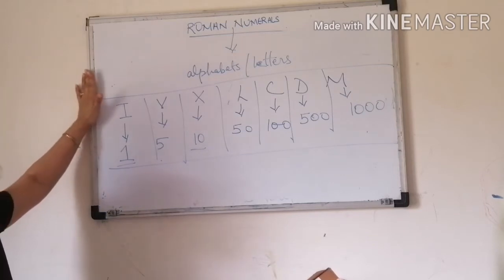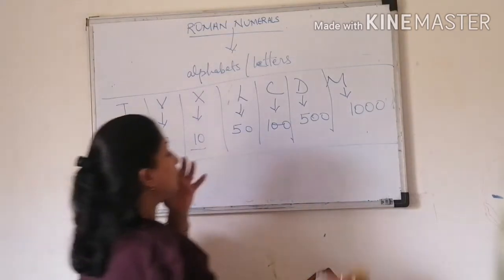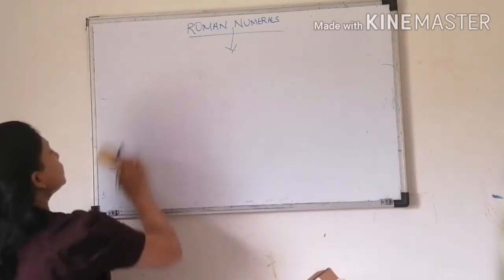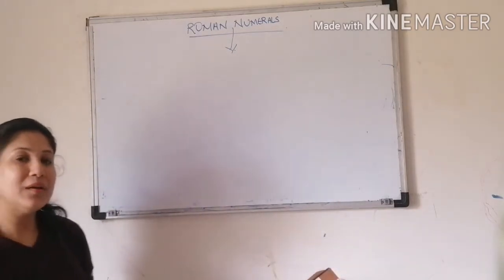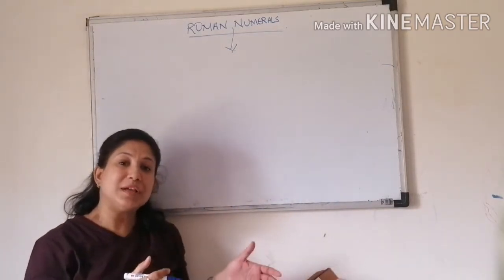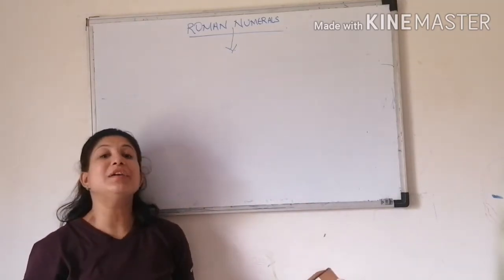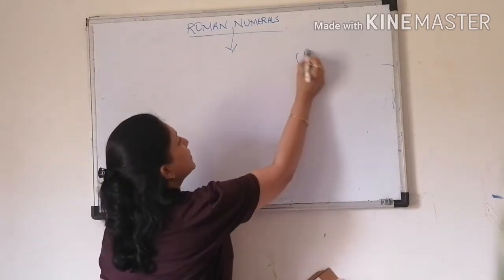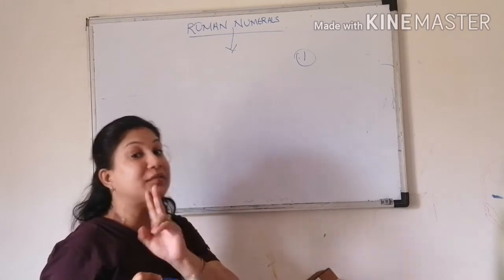But when we write the numbers in Roman form, children, do you know we have some rules to follow. When we write numbers in Roman numeral form, we have 4 rules to follow. The first rule is that you cannot repeat the letters more than 3 times.